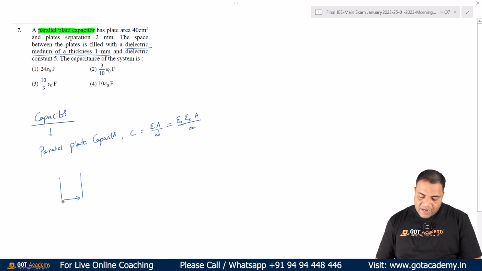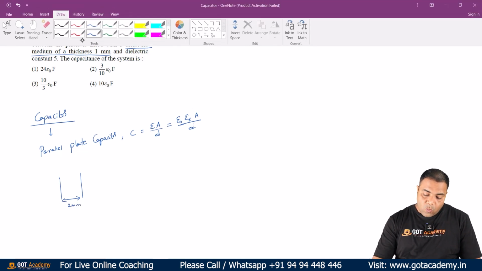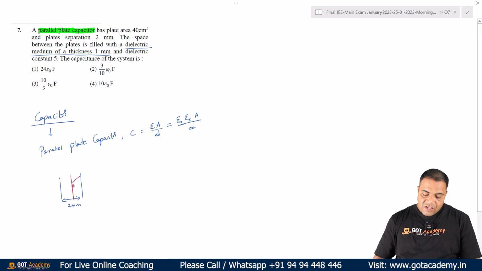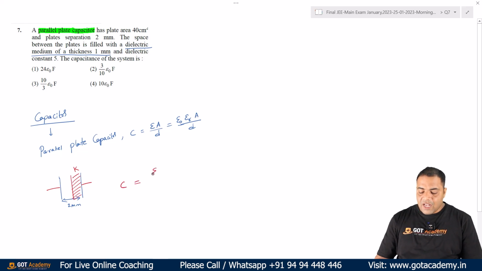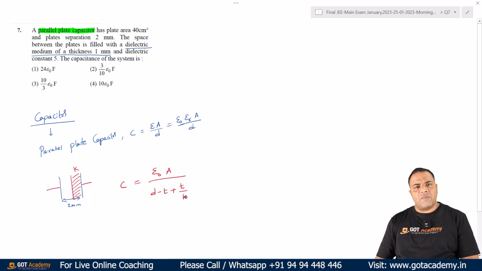So here this part is 2 millimeter, and only 1 mm is filled with dielectric. Let me write this dielectric by K. K stands for dielectric constant. So how do we handle these kinds of questions? I just give you the direct formula, no need of worrying. Capacitance C is given as epsilon naught A by D minus T plus T by K. This is the direct formula for you.